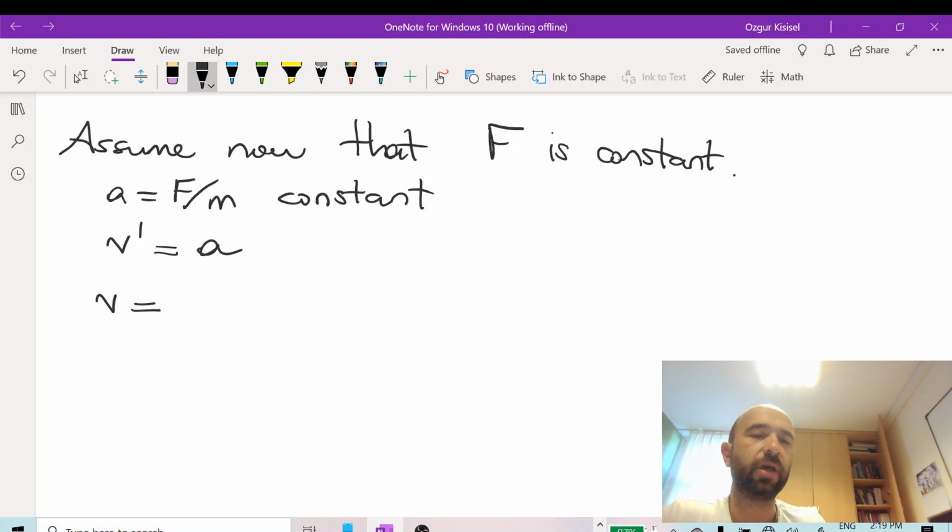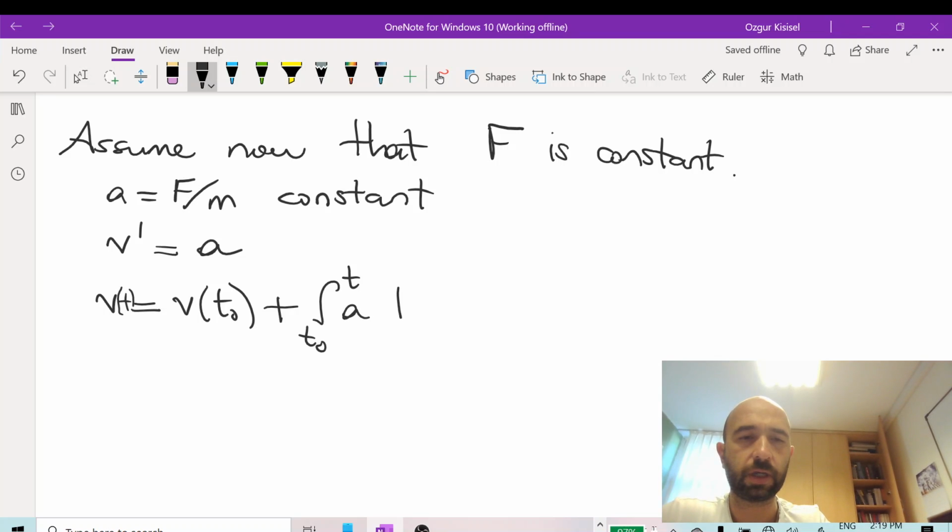V of t equals v at time t0 plus the integral from t0 to t of a dt. This is just the fundamental theorem of calculus: v(t) minus v(t0) is equal to the integral of the derivative from t0 to t.